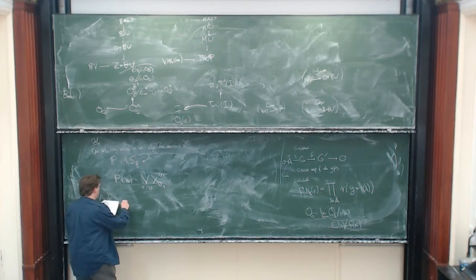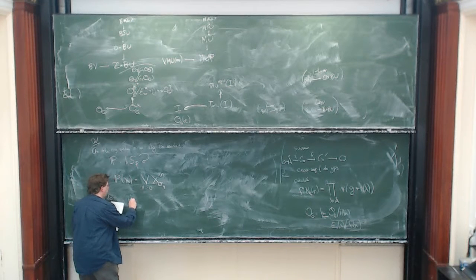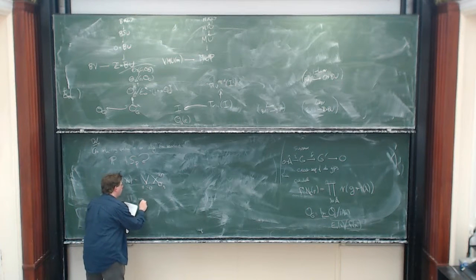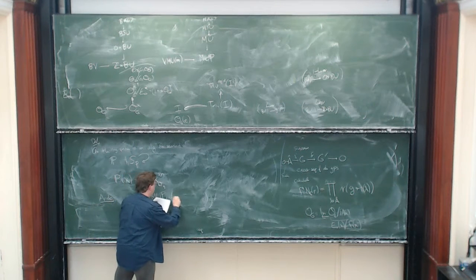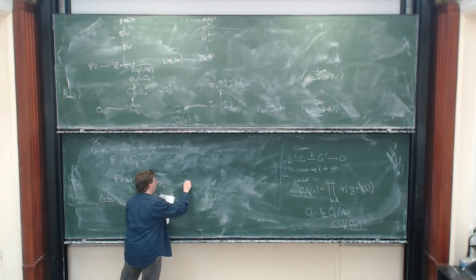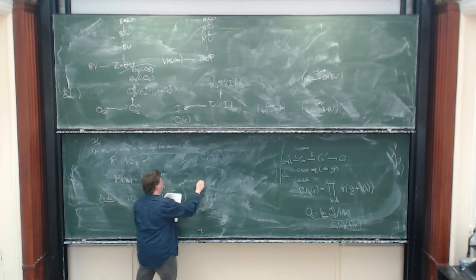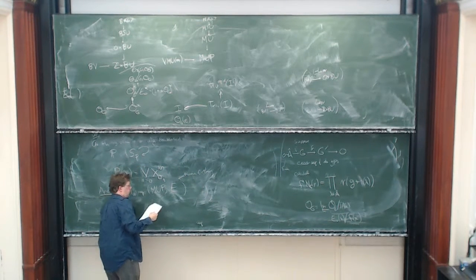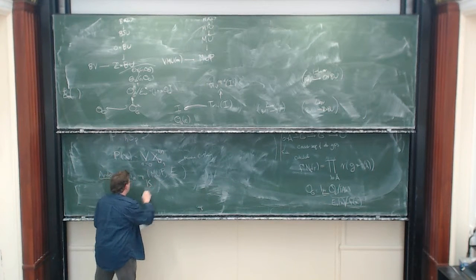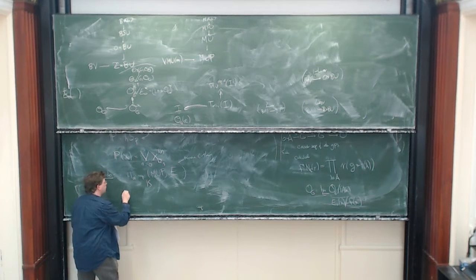So the class of H-infinity maps from periodic MU to E, and this is a Morava E theory, so this is pi 0, it's just a set.